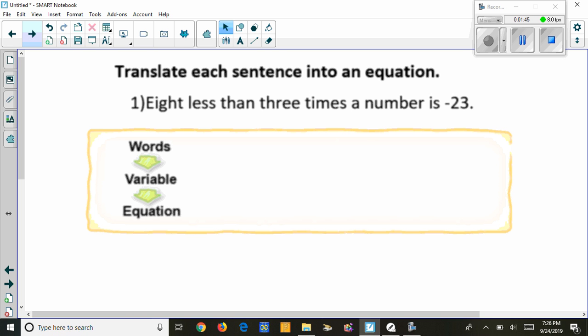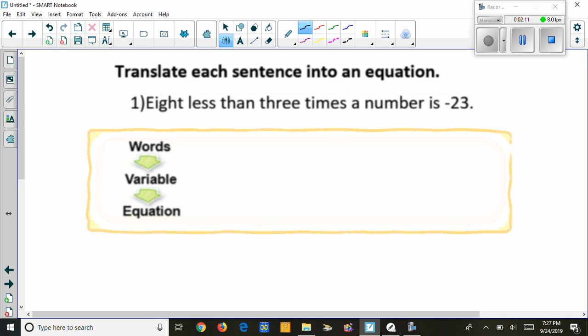Here's our first one. We're going to translate each sentence into an equation. And here is where we will begin. We have 8 less than 3 times a number is negative 23. Now I'm going to go through and pull out different pieces.